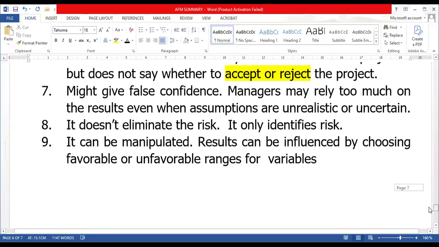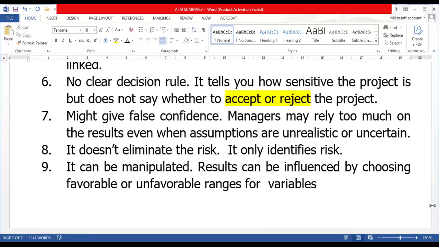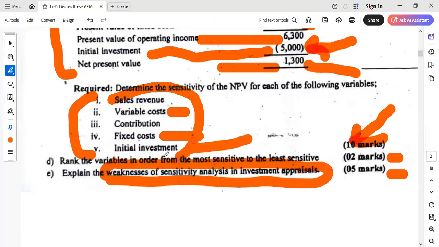So you may choose, based on what you want as a manager, variables which favor you. Because still for variables, like here, the examiner has given us these variables. This is what the examiner has told us.